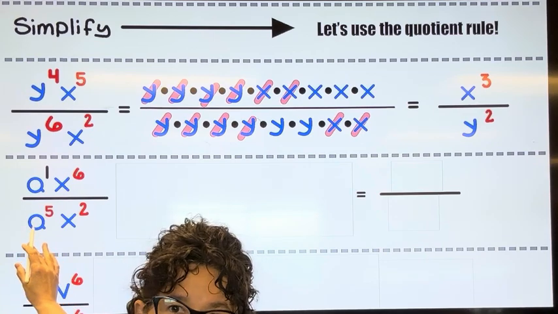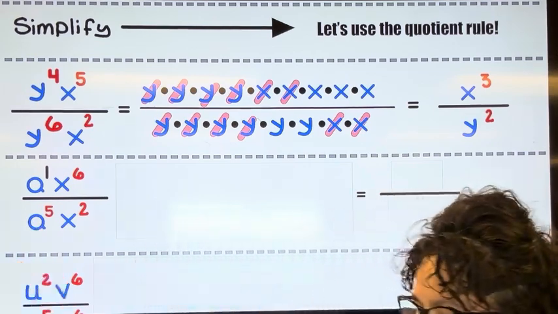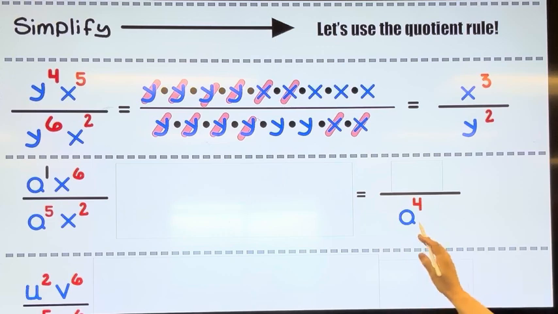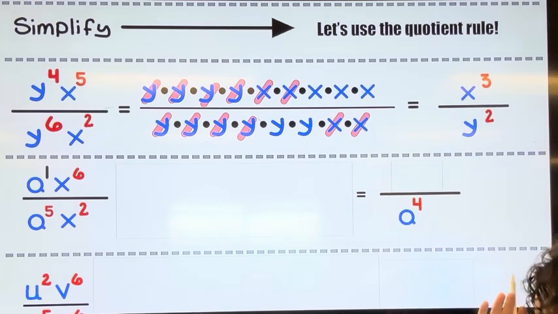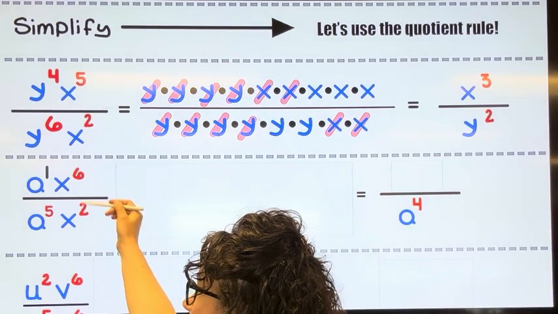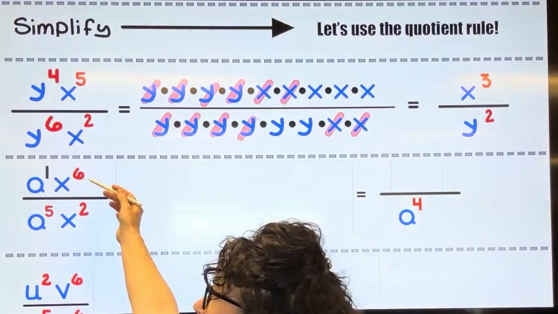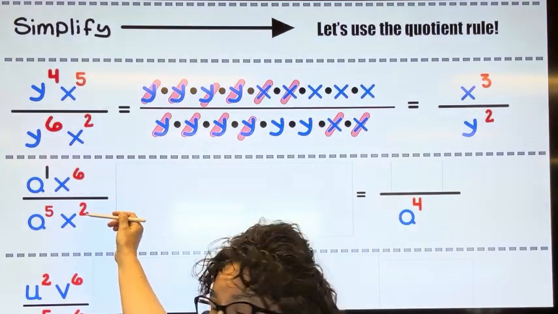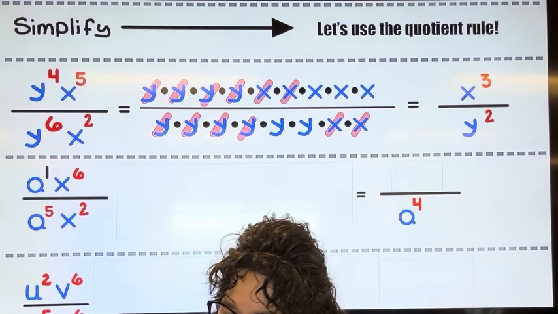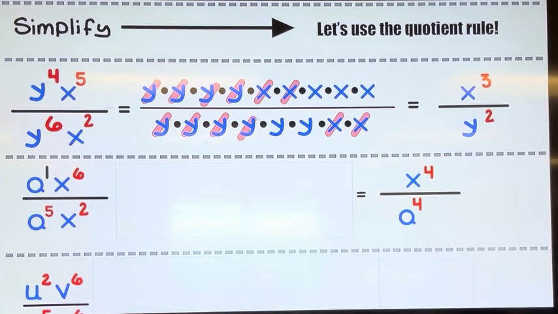There are more A's in the bottom, so the A to the fourth is going to be in the bottom. Then here, 6 minus 2 is 4, so I'm going to have x to the fourth. And because there are more x's in the top, the x to the fourth is in the top.